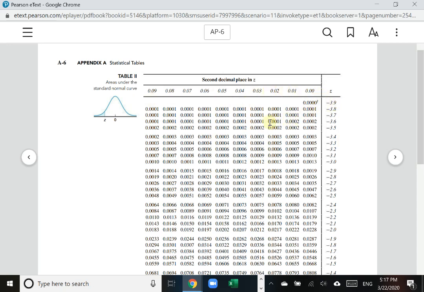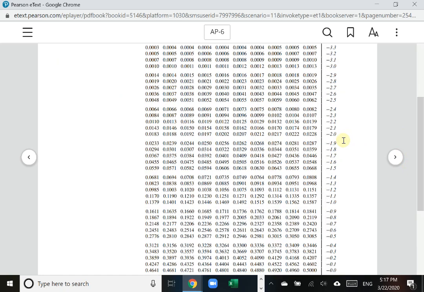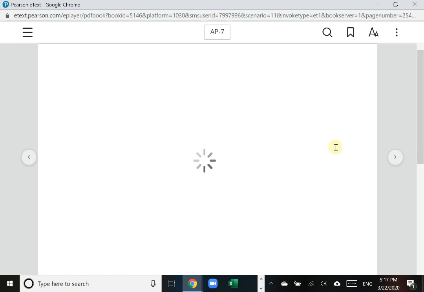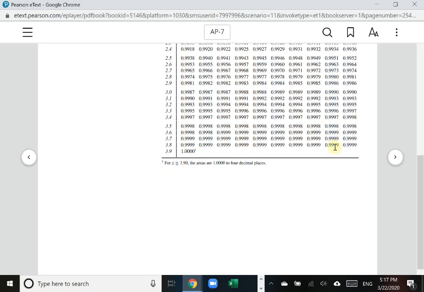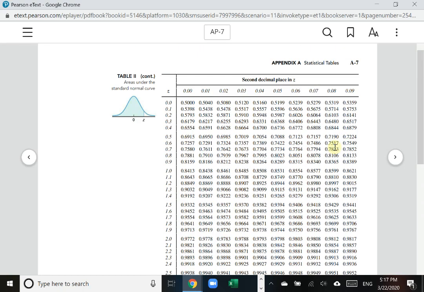This author chooses to have the area under the curve always to the left, for z-scores as little as negative 3.9 and all the way up to, if I go to the next page, 3.9.